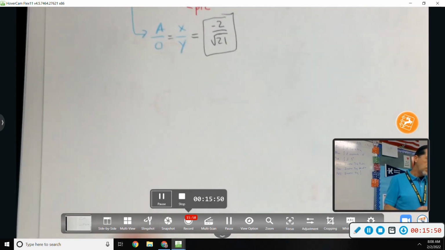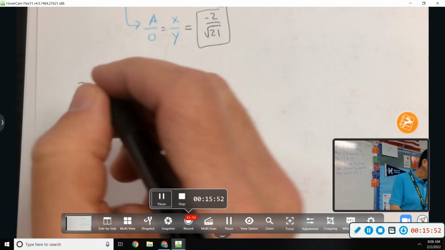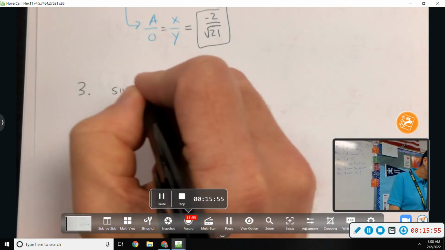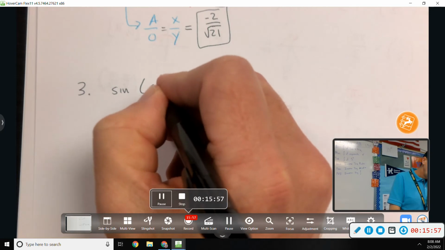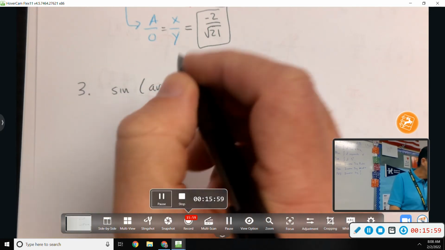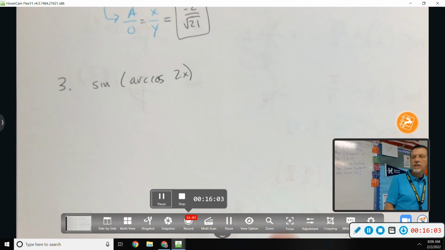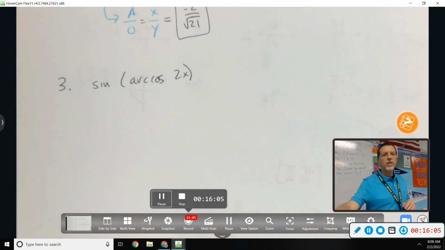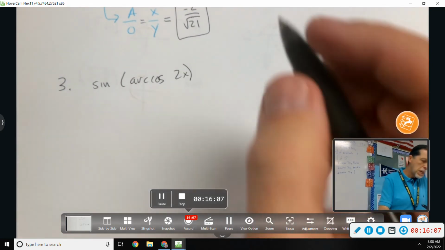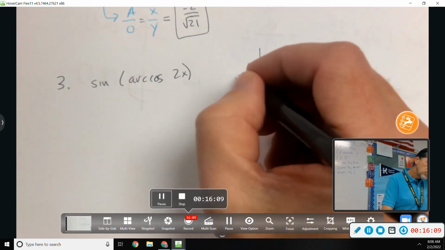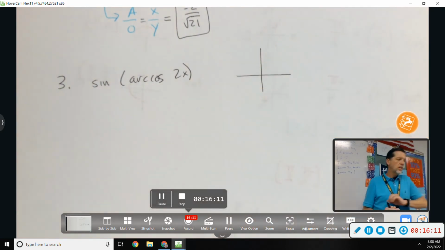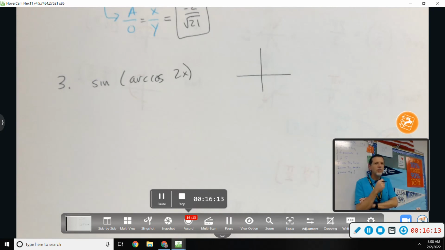Let's do one more. The sine of the arc cosine of 2x. Sine of the arc cosine of 2x. Okay, so this one's different on a couple of fronts.